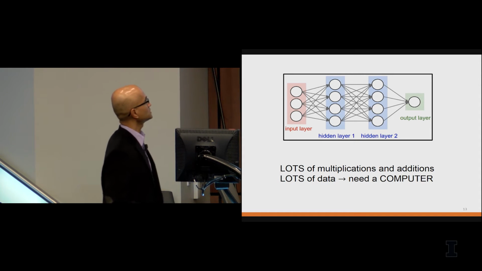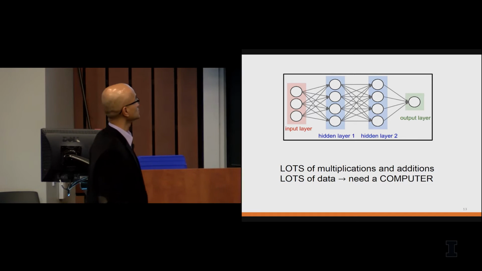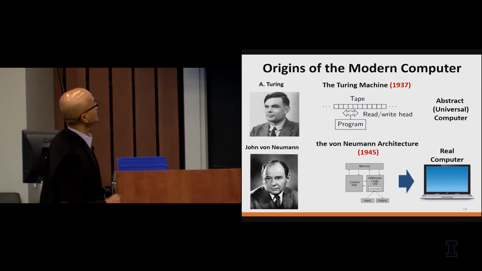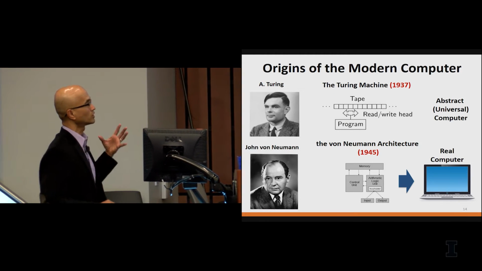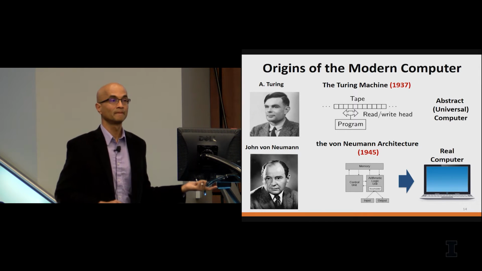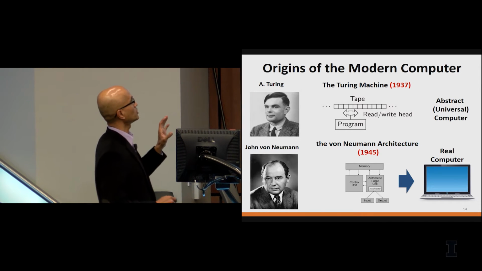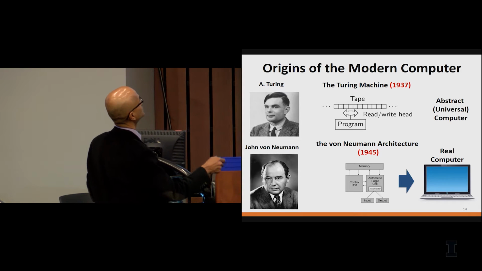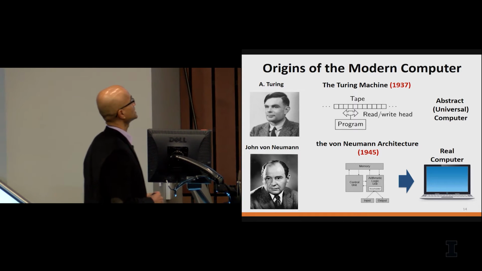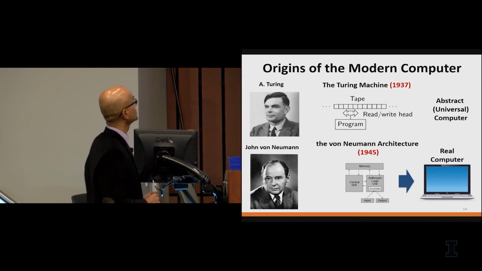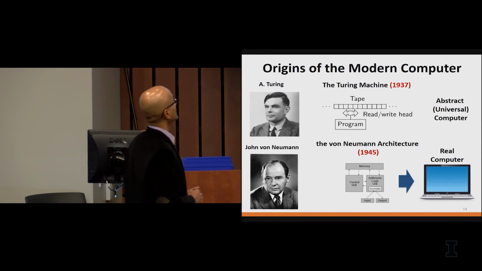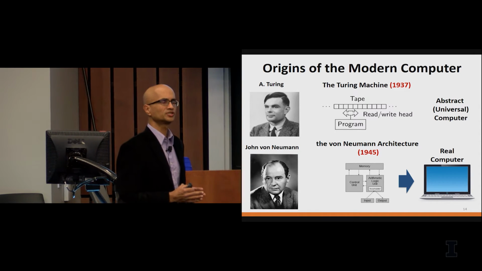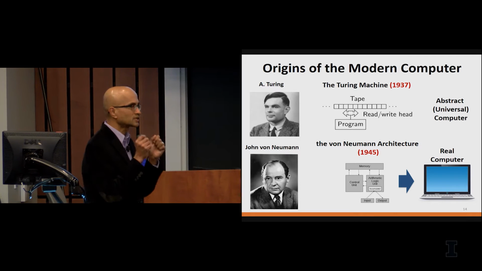And to implement these multiplications and additions, you need a computer. And this is where the work of Alan Turing shows up again. So even before he talked about AI, the first step was he proposed in 1937 a machine called the Turing Machine, right? And this was Alan Turing saying, what is the simplest computer I can build?